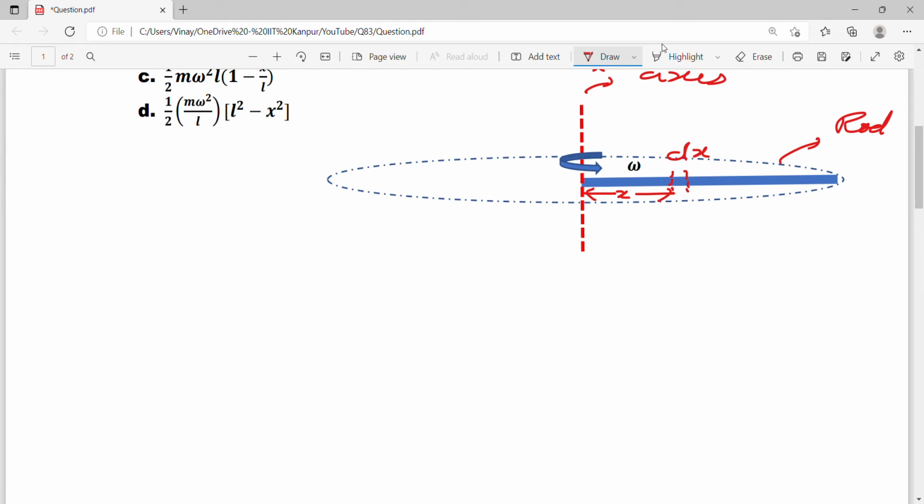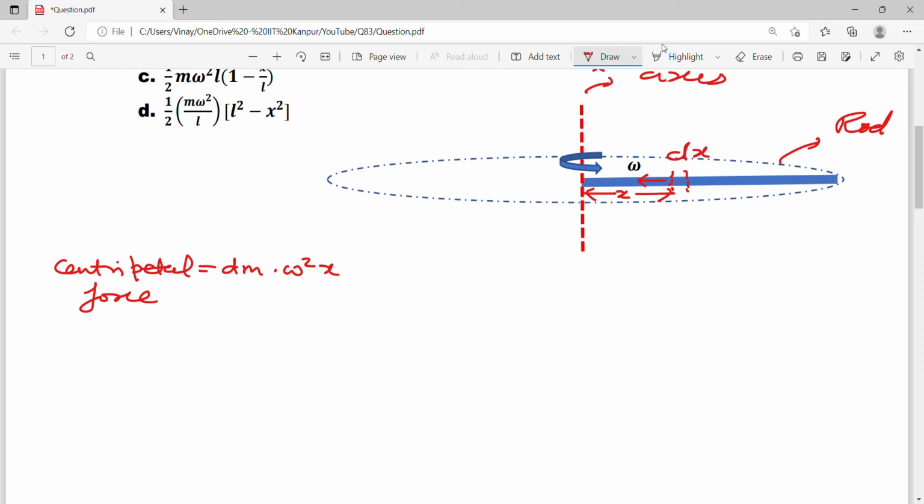Centripetal force will act towards the center of the circle, and that would be dm into omega square into radius. So dm would be at a radius x. Now this centripetal force is going to be balanced by what?